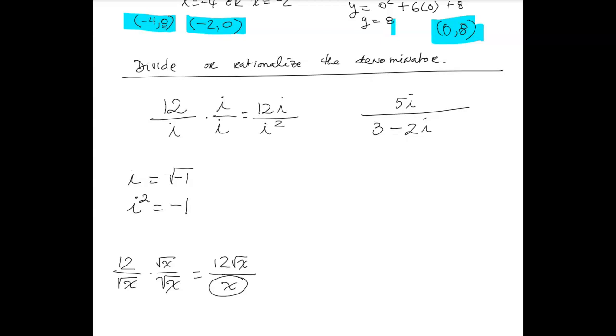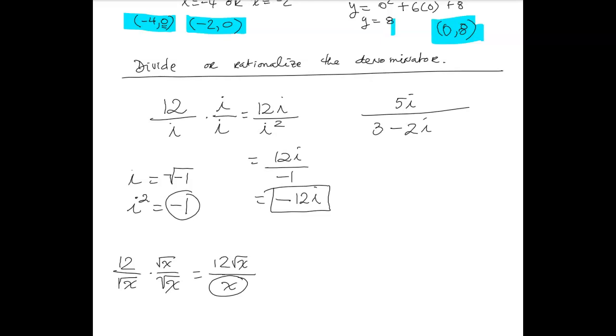And we know that i squared is equal to what? -1. So it's going to be 12i over -1. So I'm negating that thing here. And then finally, -12i is your final answer. Okay? So that's when you only have one term at the bottom.